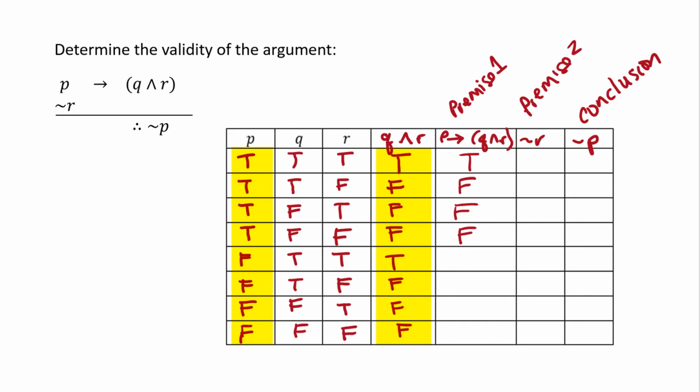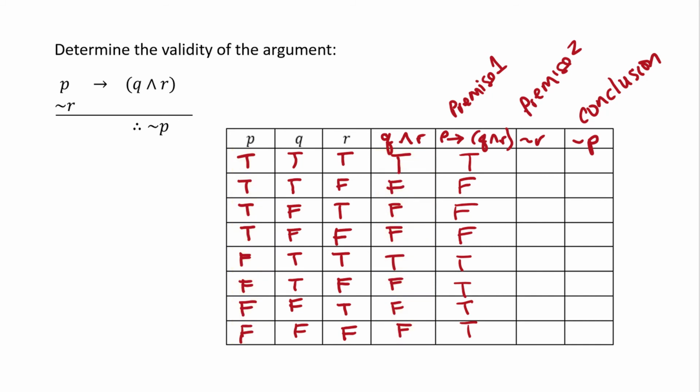False can imply true, so that's a true statement. Going on, false can imply false, that's true. False can imply false, that's true, and false can imply false, so that's also true. So we have the truth values for the implication P implies Q and R.